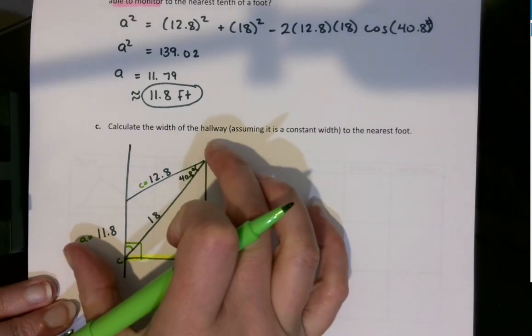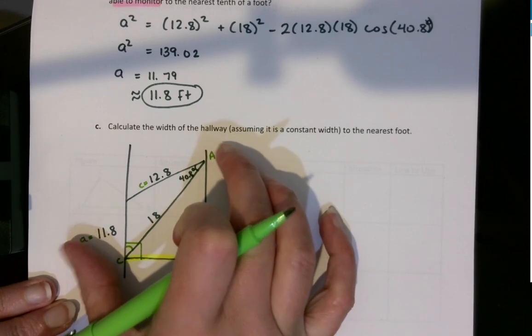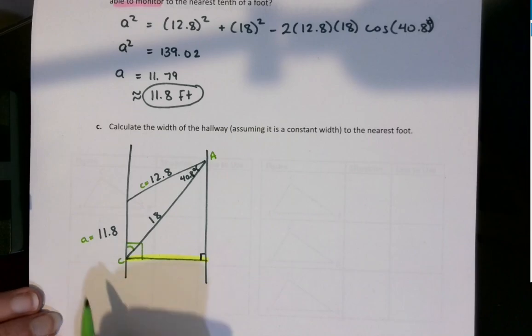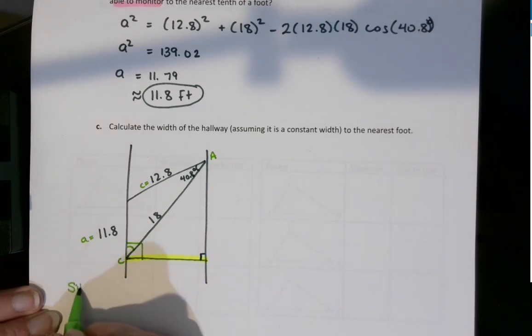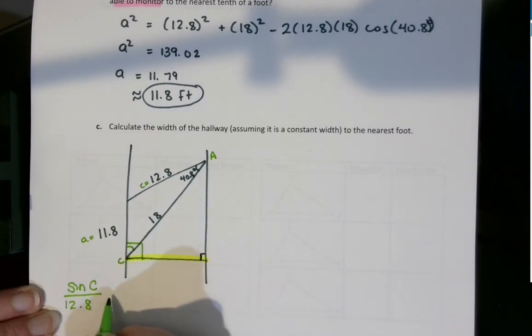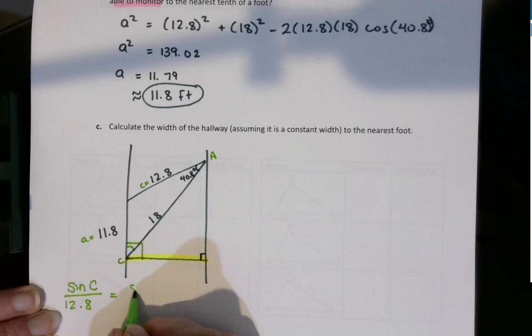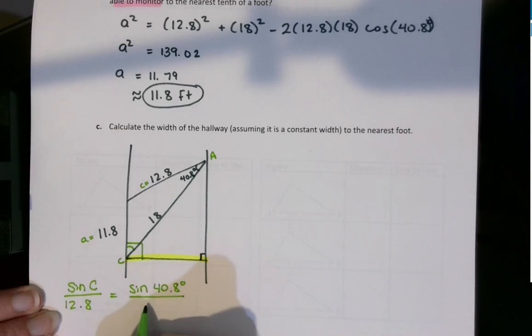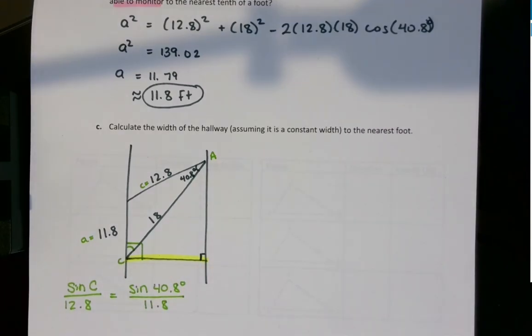So I'm going to do a law of sines on this triangle to find this angle C. So the sine of angle C over the 12.8 side length C is going to be equal to the sine of angle A, which measures at 40.8 degrees, over the length of side A, which measures at 11.8.